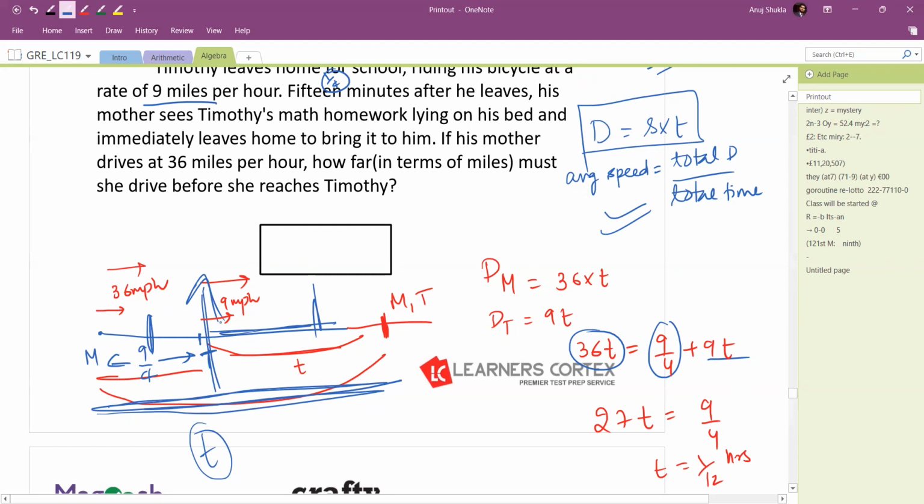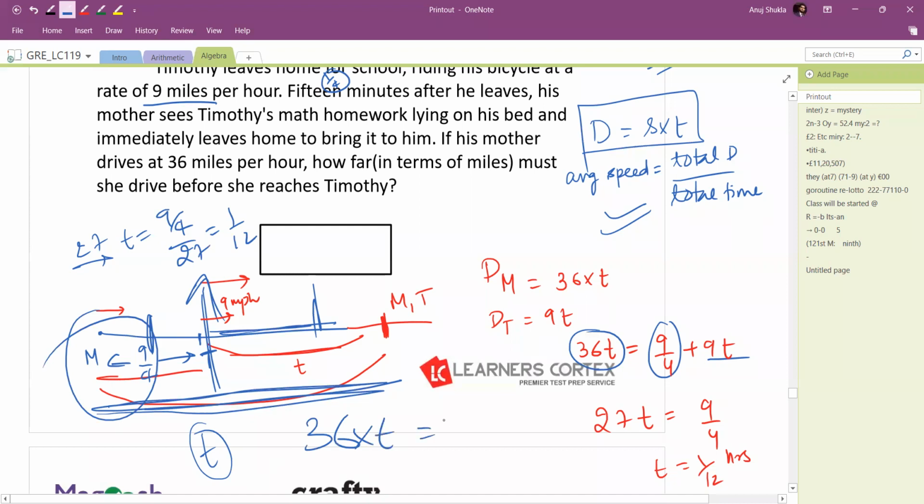If we take Timothy at rest, then the mom will be moving with the speed 27. Then the mom will take the time 1 by 12, that is 9 by 4 divided by 27. So how much will mom actually travel with the original speed? 36 into t, that is 36 into 1 by 12.